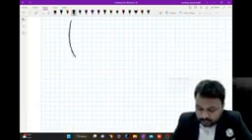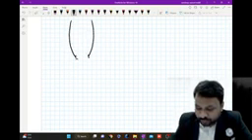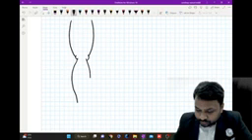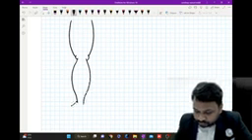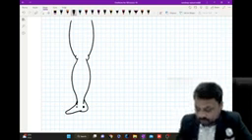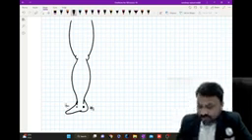Take this as the representation of the lower limb, and let's say this is the level of the ankle that we're talking about. This is the medial malleolus, this is the lateral malleolus, this is the medial side, this is the lateral side.